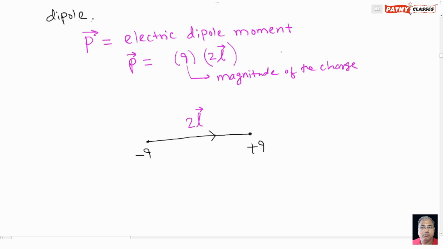So electric dipole moment is given by vector P equals Q times vector 2L. And if you want only the magnitude, then the magnitude of electric dipole moment is given by Q multiplied by 2L. Here the vector symbol will not come.